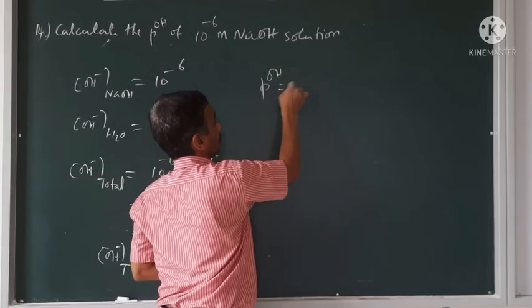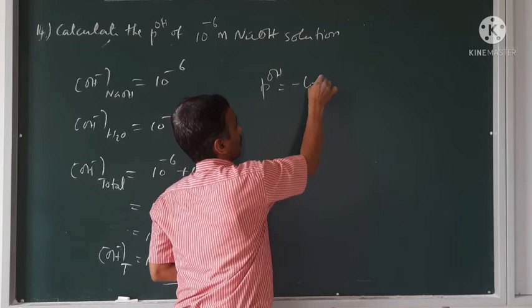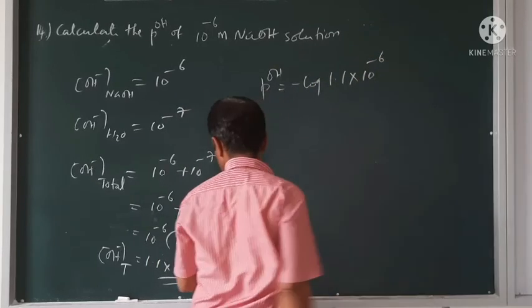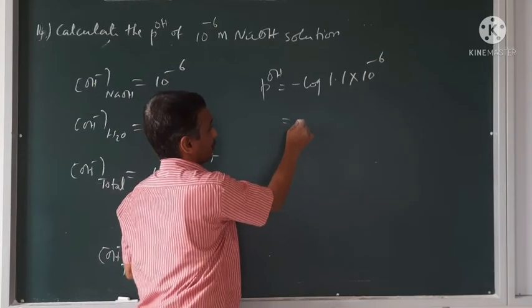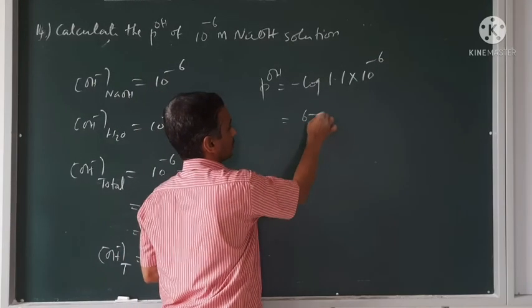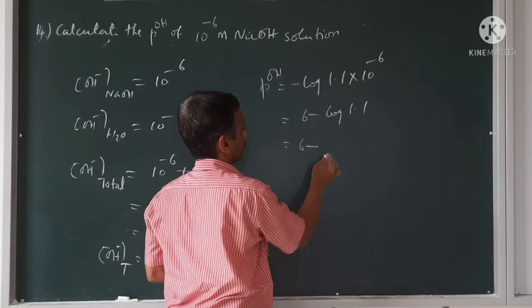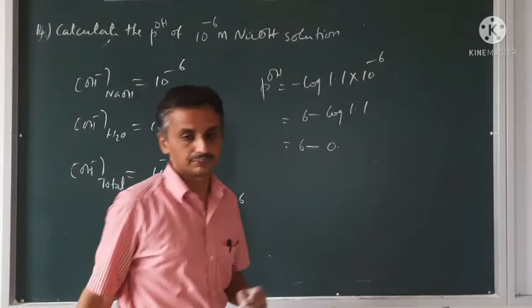pOH is equal to minus logarithm of 1.1 into 10 to the minus 6, equal to 6 minus log of 1.1, equal to 6 minus 0.0414.